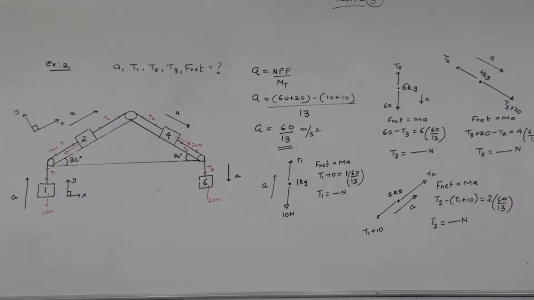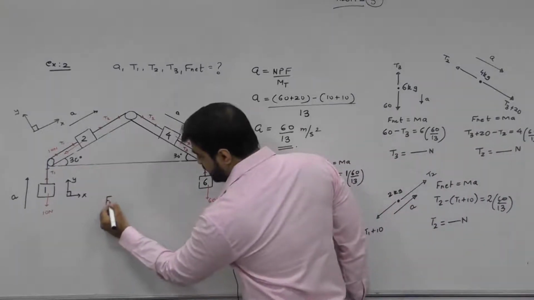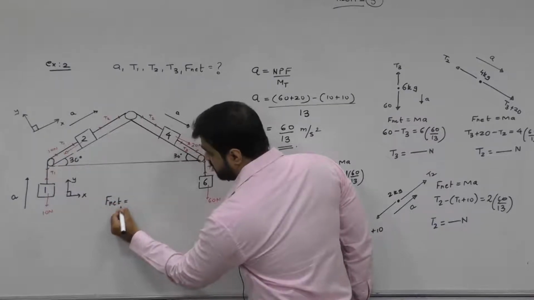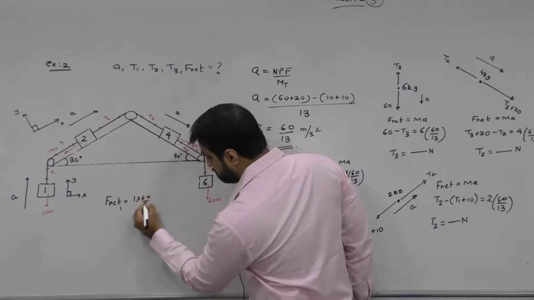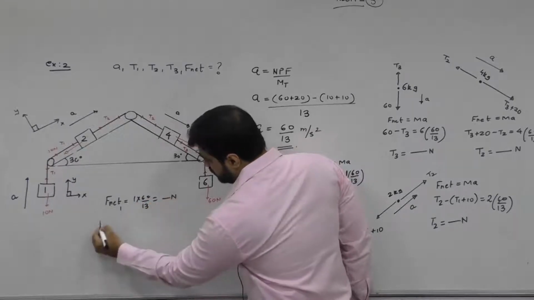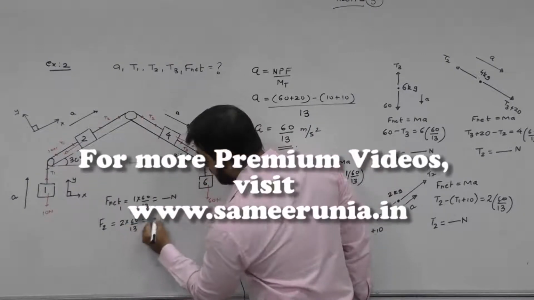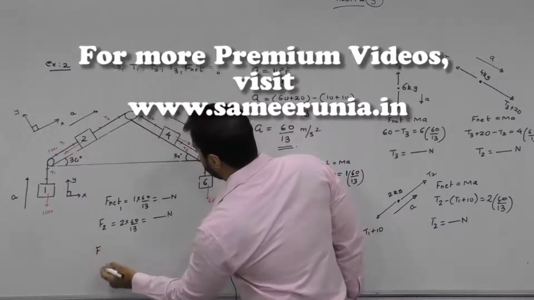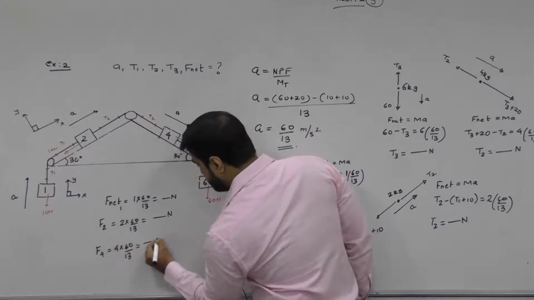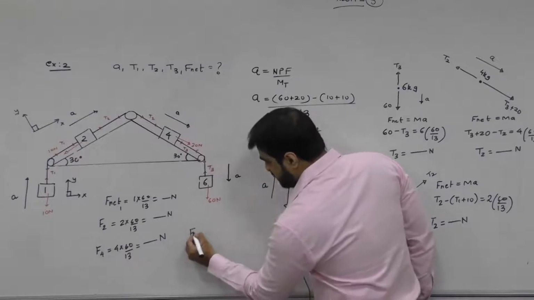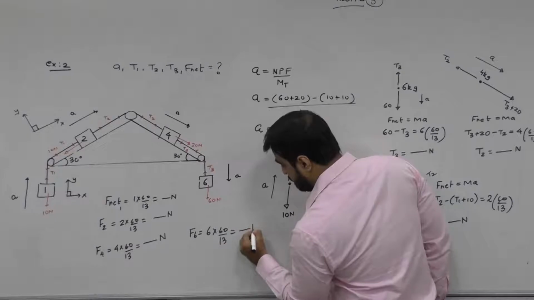That many Newton. So how much is F net on each mass? F net on 1 kg will become 1 into a. F net on 2 is 2 into 60 by 13. F net on 4 is 4 into 60 by 13. F net on 6 is 6 into 60 by 13.